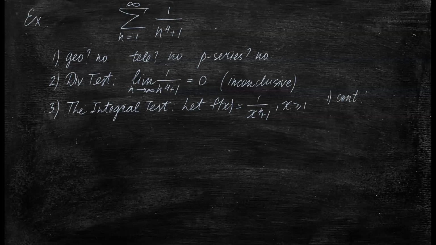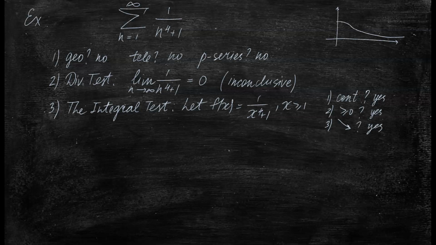So is it continuous? Yes. Is it always non-negative? Yes. And the last condition is, is it decreasing? If you graph this function, you'll be able to verify that it is decreasing, so it looks something like this. So the answer is yes.